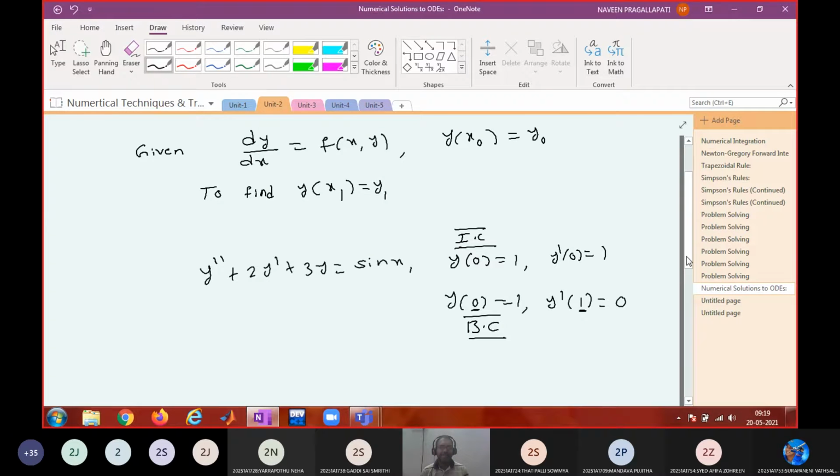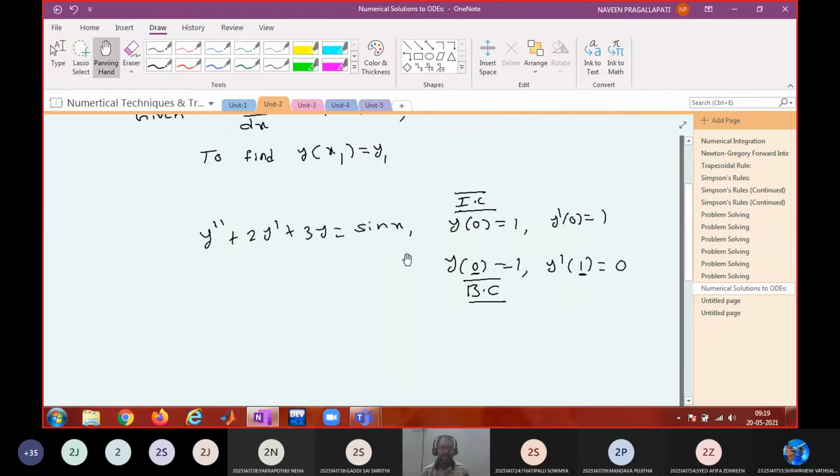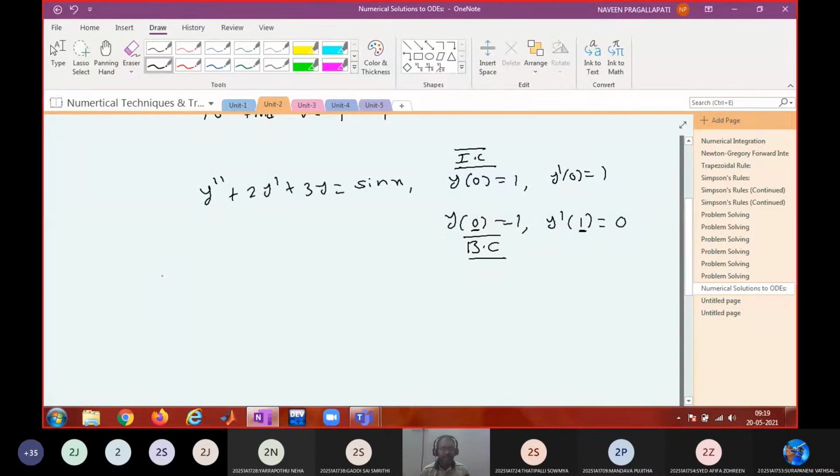Okay, so the differential equation may be given with the initial conditions, or with the boundary conditions. If I am specifying the DE with initial conditions, then that is called an initial value problem, in short IVP.